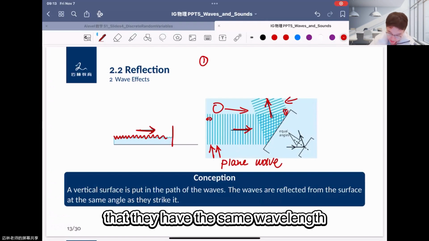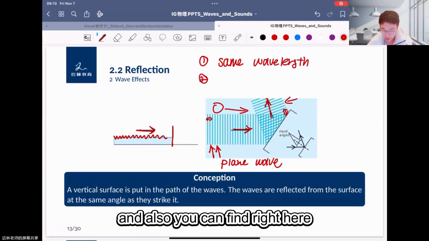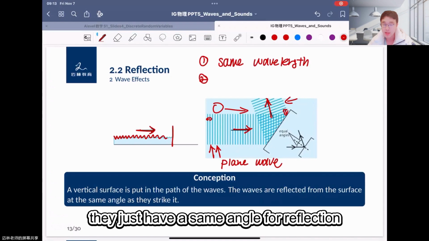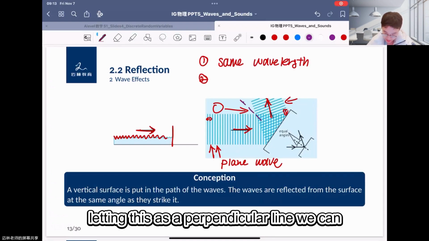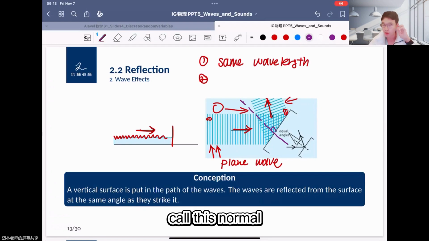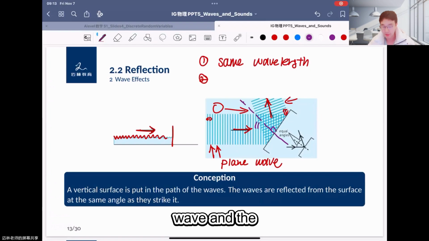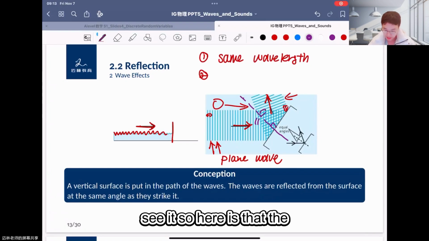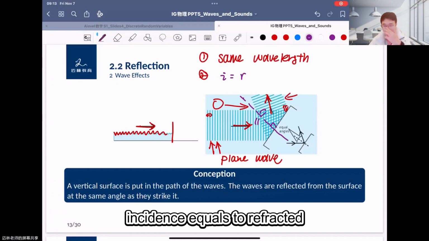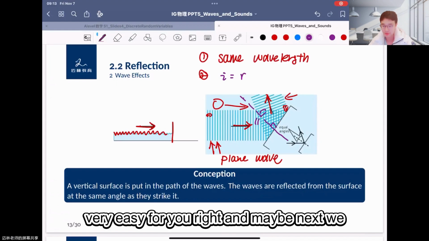And also, the angles are the same. If we draw a perpendicular line, we call this the normal. The angle between the incident wave and the normal and the angle of the reflected wave are the same, so we can say the angle of incidence equals the angle of reflection. This is the basic knowledge for reflection. I think it's very easy for you, right?